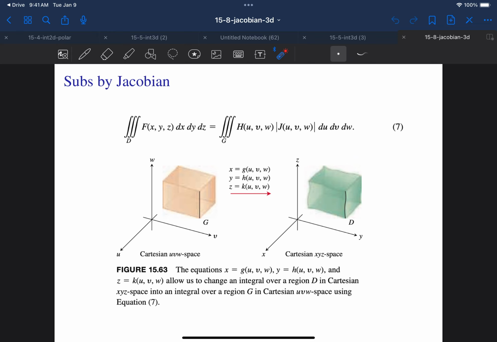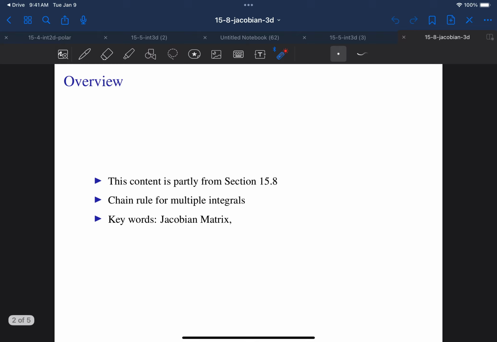When we look at a double integral, we recall that if we have a substitution, for example, you're looking at a double integral, something like this, right?